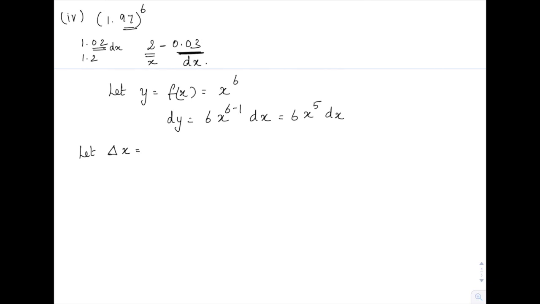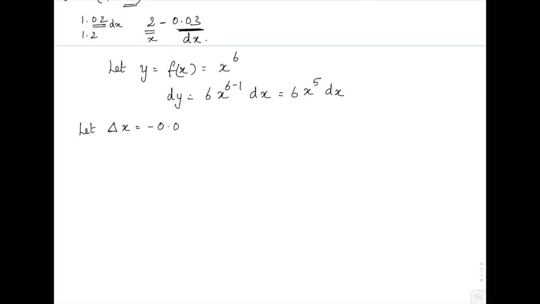Here it is minus 0.03, which is equal to dx, and x is equal to 2. Therefore f of x is equal to x to the power of 6, which is 2 to the power of 6, which is 64.